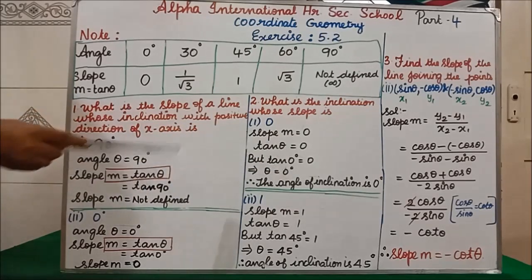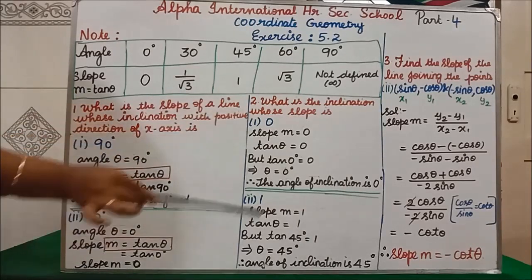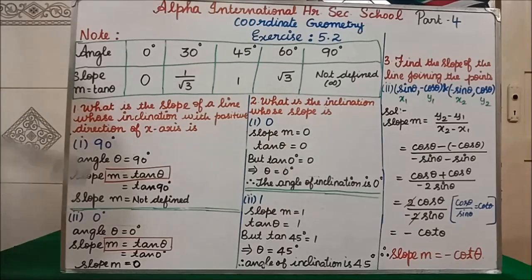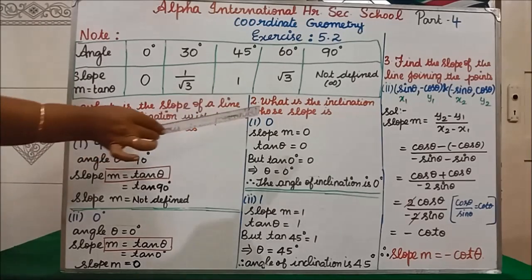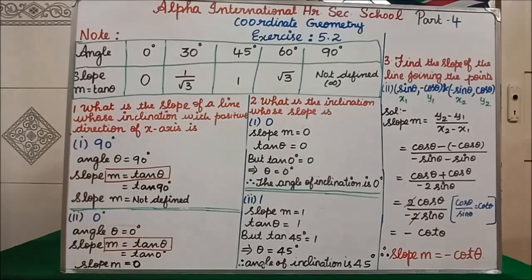Only if we substitute 0 degree will we get the slope m as 0. Clear all of you? Therefore, theta equals 0 degree. The angle of inclination is 0.